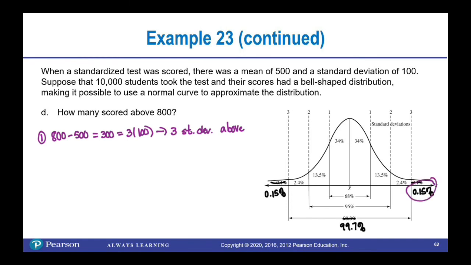And I'm looking above that, and notice we have that 0.15%. Change your percent to a decimal. So move your decimal place 2 places to the left, gives us 0.0015. Multiply by 10,000, tells us there were 15 students who scored above 800.